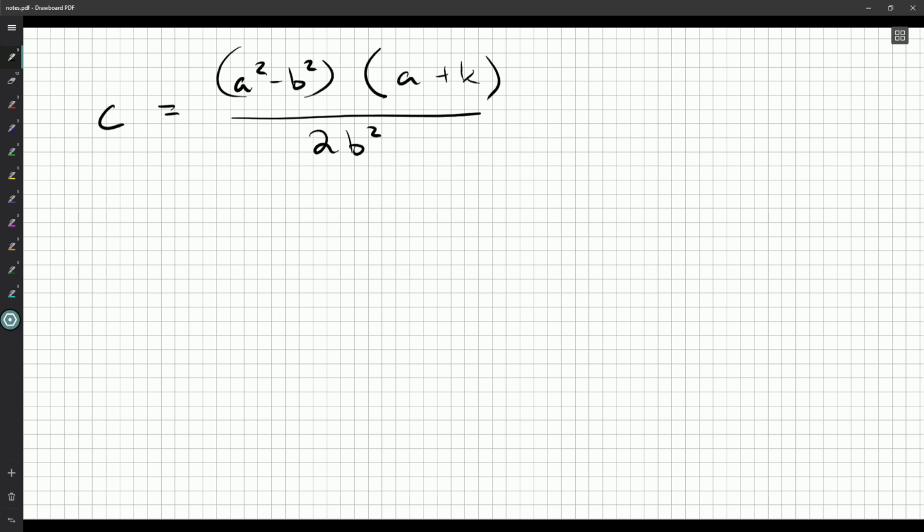Hmm. Well, I'm trying to think of Pythagorean triples here that would help.